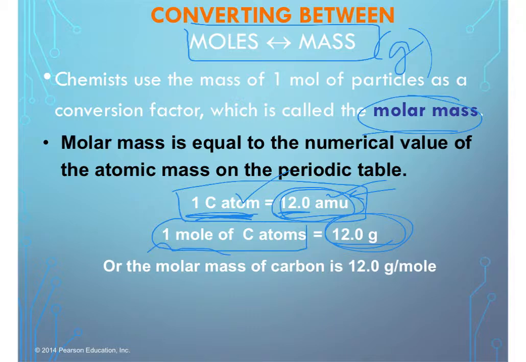And so 1 mole of carbon atoms, 6.02 times 10 to the 23rd atoms of carbon, would weigh or have a mass of 12.0 grams. So that's kind of cool. We're not going to be working in atomic mass units, at least I won't be. So the conversion factor we'll be using is grams per mole.